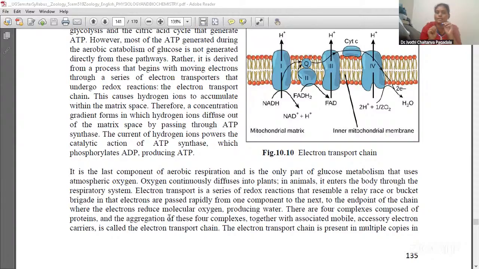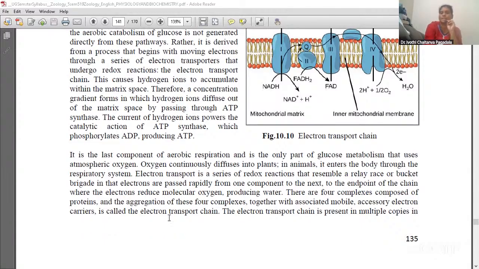Therefore, four complexes composed of proteins, together with the associated mobile accessory electron carriers, are called the electron transport chain.